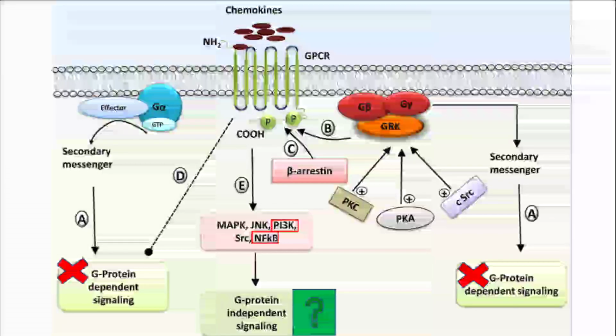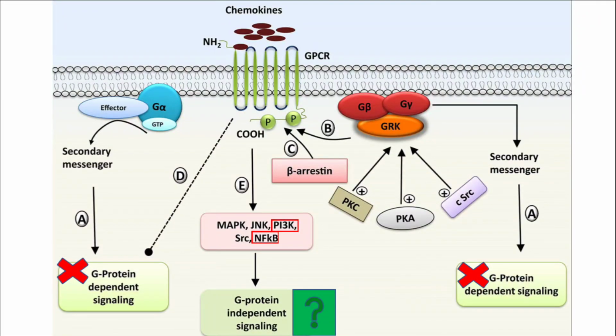In this study, because previous findings have found that binding of beta defensin 3 to CCR7 mainly does not rely on G protein dependent signaling, we would like to study whether NF-kappa B activation has a correlation with G protein independent signaling, which is through beta arrestin.